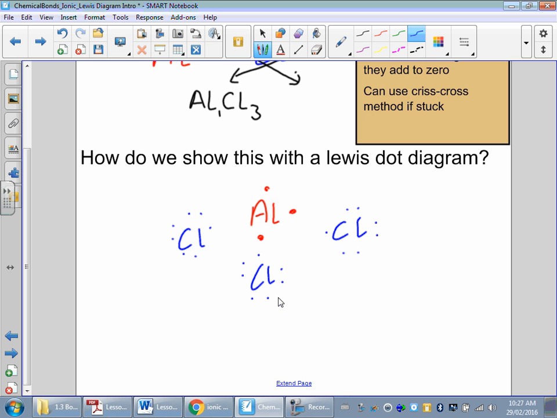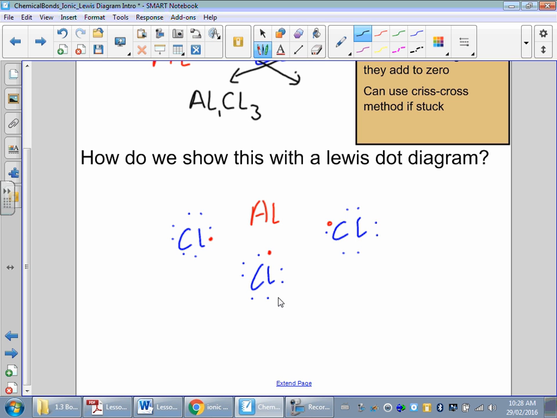And what's going to happen is each one of these is going to go to a chlorine. And the Lewis allows us to see that there will be, in fact, that transfer, and that there's going to be that ratio that's involved. Okay, and we're going to put them in so we can see them. You do not have to use color. I'm just showing you in color to sort of break them out right now.